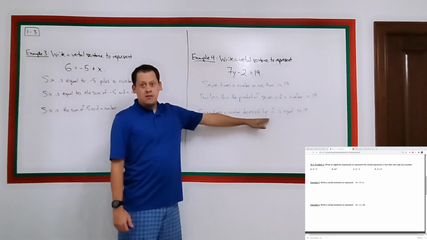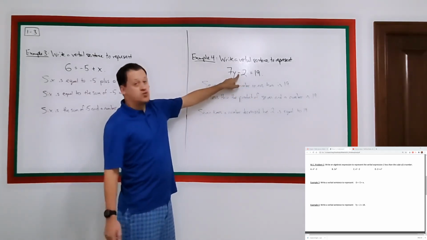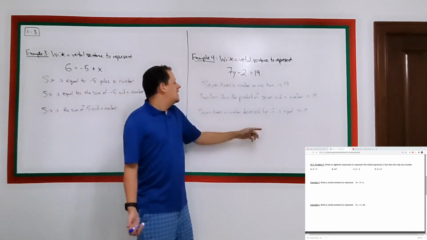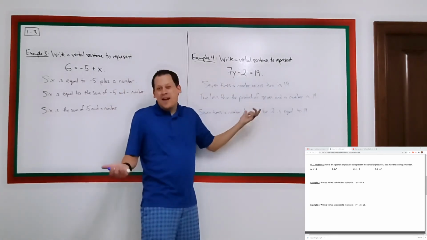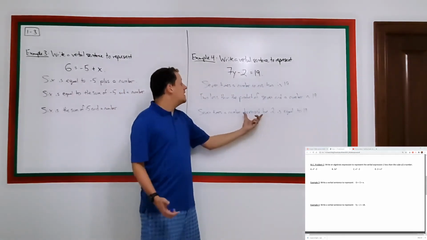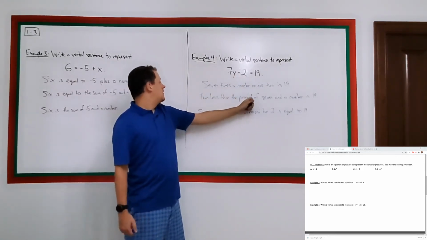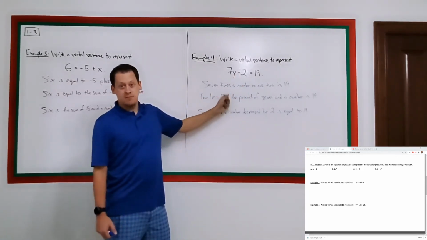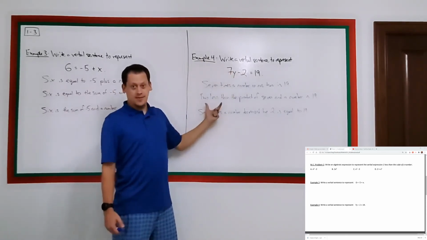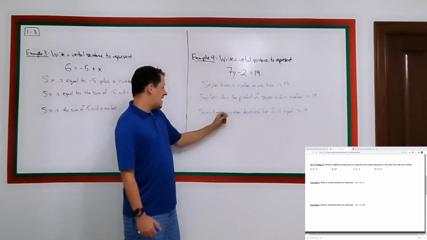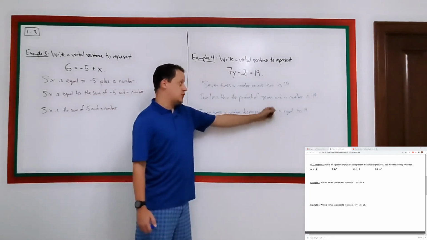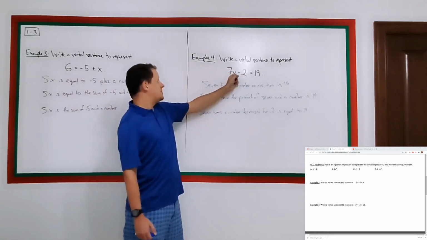Decreased by is another way to say subtraction. I guess it sounds better than minus, but it allows you to write it in the order that you see it. The whole less than business makes you reverse these 2 things when you write it in words. By saying 7 times a number decreased by 2, you have 7 times a number decreased by 2.